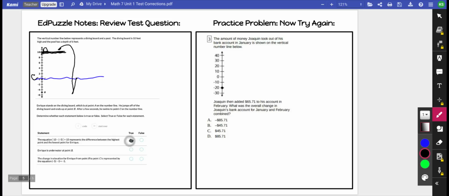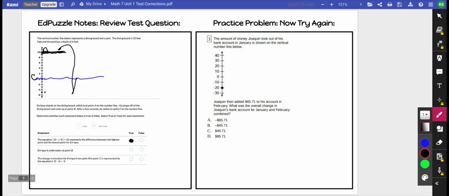Okay? So we'd say true on that one. It's just like if I run 5 feet to the right and then I run back 5 feet to the left, I traveled a full 10 feet, even though I ended up back where I was. So even though I may have gone backwards, I still traveled that amount of distance.